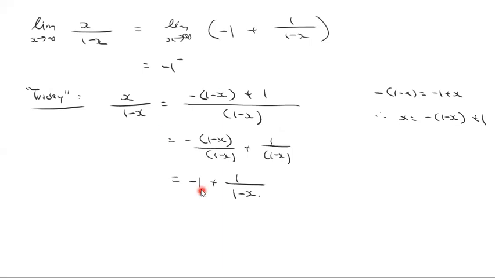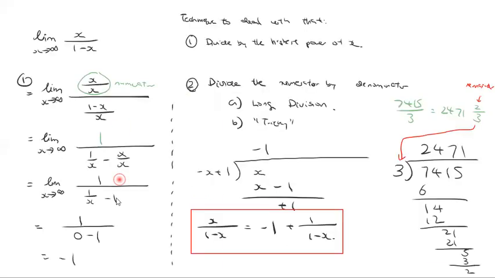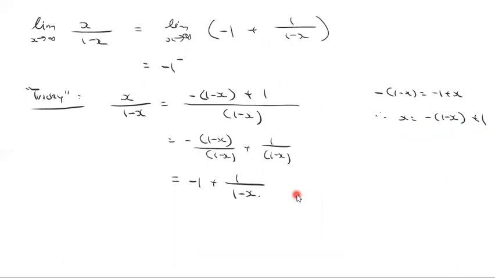The reason why I like this way better is not only have I worked out the limit very easily, because it's pretty easy to read off that the limit is -1 because this will just go away, but if you are comfortable with your graphs and your transformations, this is easy to graph.